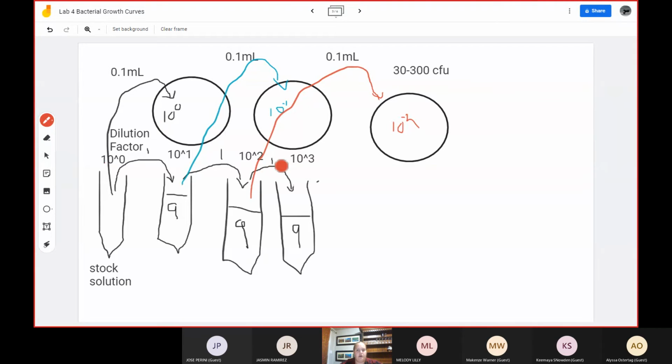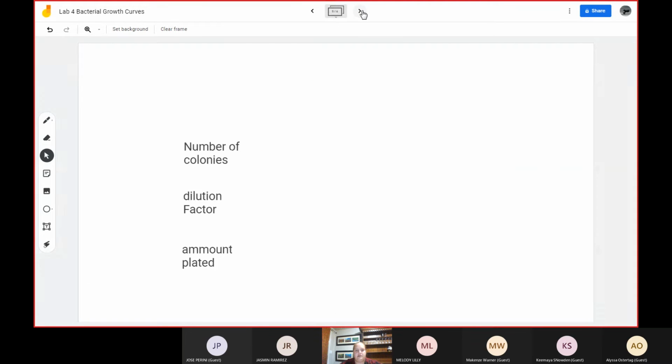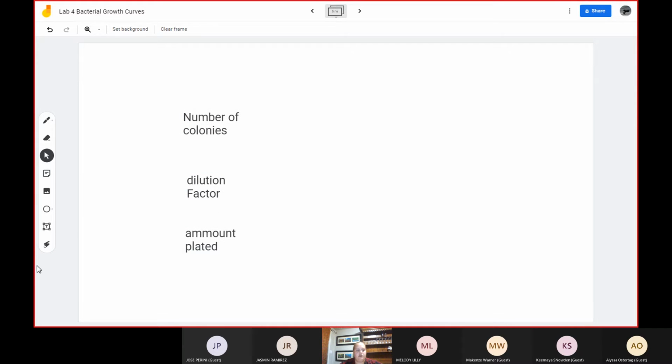And so the important numbers that you would get out of here, I think I actually made a slide of this, would be your number of colonies that ended up growing on that plate. So for example, let's say we had 25 colonies growing on that plate. The dilution factor, so that's looking at your dilution factor of your tubes. This could be 10 to the 1, 10 to the 2, or 10 to the 3, depending upon which plate you're reading.